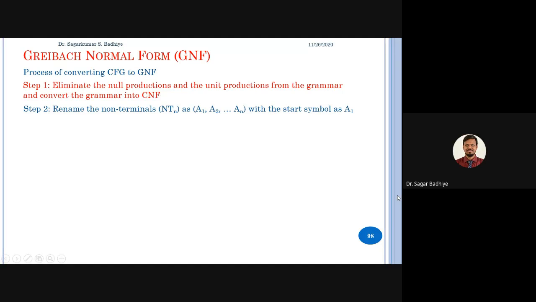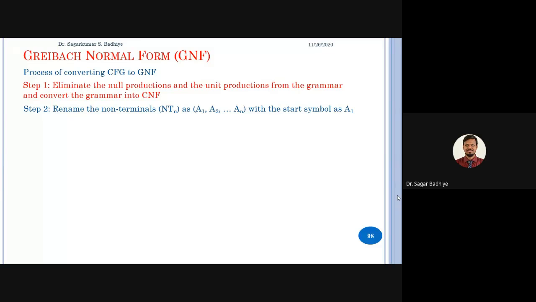Then the next step is that in the given grammar, we would be renaming all the non-terminals. Suppose there are n non-terminals; then we would be renaming them as A1, A2, dot dot dot, An, so as to provide a sequence to the non-terminals.